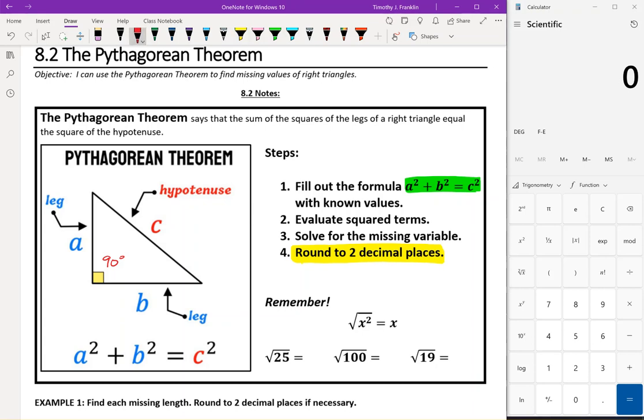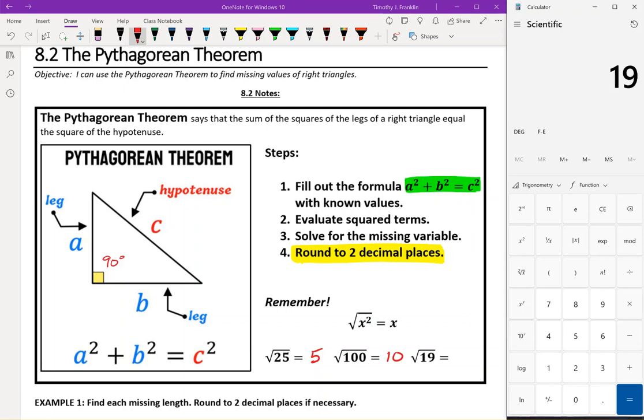But let's practice some square roots. So remember, when you take the square root of a number, it equals whatever number multiplied by itself. So the square root of 25 would equal 5, because 5 times 5 is 25. The square root of 100 is 10. And the square root of 19, well, that's not a perfect square, so we're not going to get a whole number.